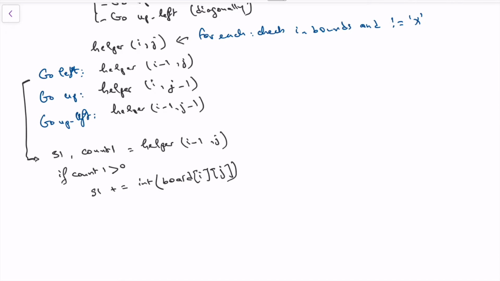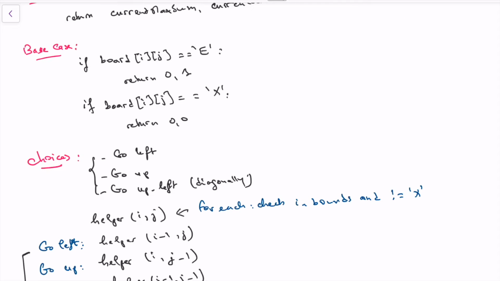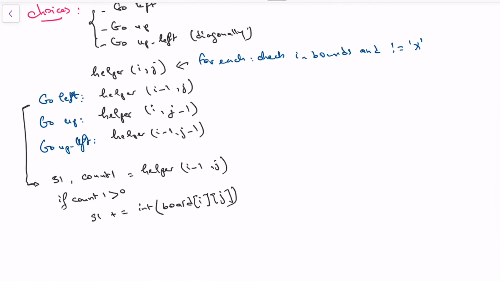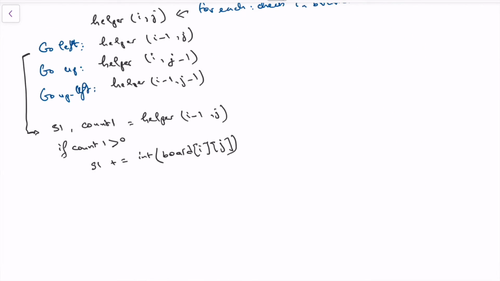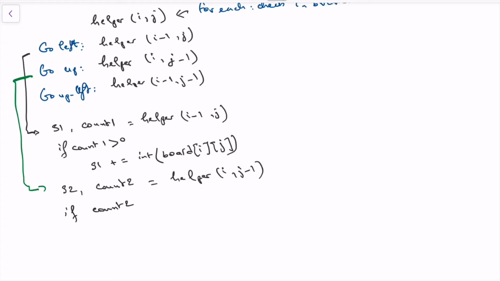Notice that here if it was x, we would have returned 0, right? And we will do this exact same thing for going up. So we would have s2 and count 2, equal to the values of going up. If count 2 is bigger than 0, then we will add to the sum the value of board ij.